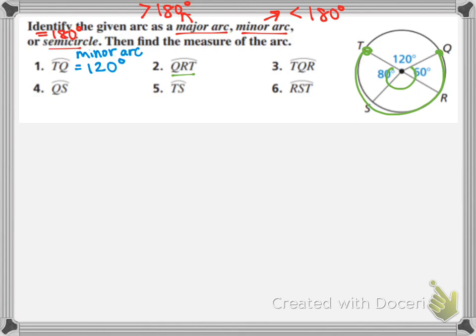All the way around a circle is 360 degrees. We have all of the circle except for 120 degrees, so we subtract, and this will make 240 degrees, which is a major arc.